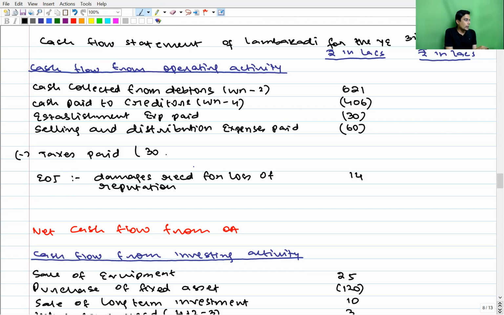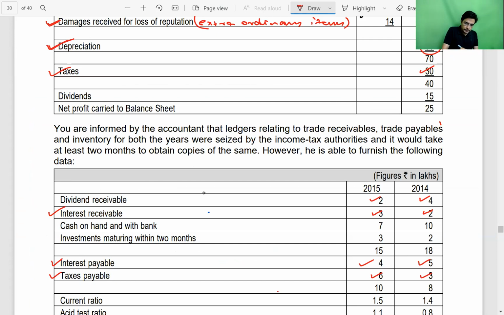But since it's given, we have to find out the tax paid. Opening will be added because it is paid in the current year. Closing will be deducted because it's not paid in the current year. Whatever we haven't paid in the current year, minus it. Opening outstanding we have paid, so add it.